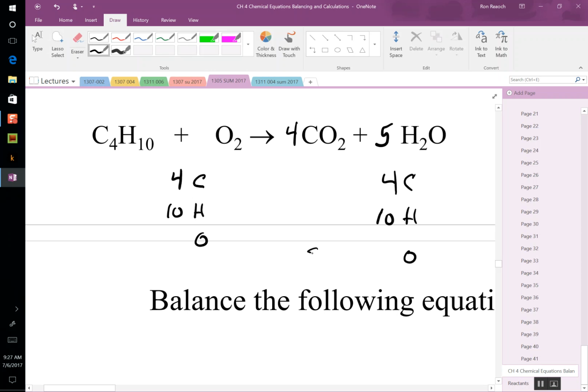So right there we get 8 oxygens plus 5 oxygens is 13 oxygens, which is 6 1/2 O2s. That would be balanced, but it leaves a fraction in the final balancing of the equation, and we don't like that. We like to see whole numbers, integers.